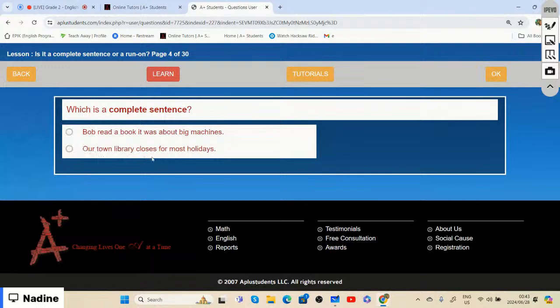Or option two, our town library closes for most holidays. Is it option one or option two?